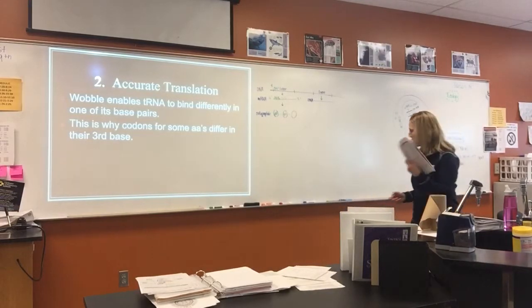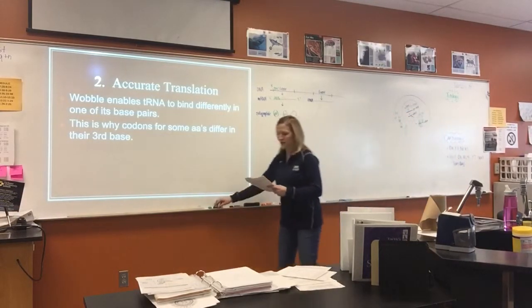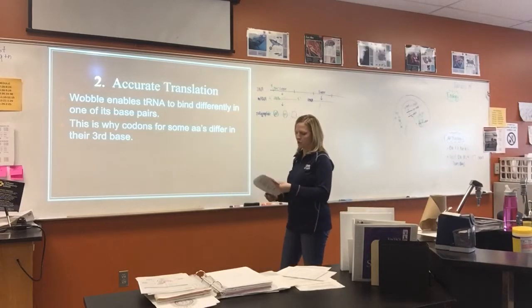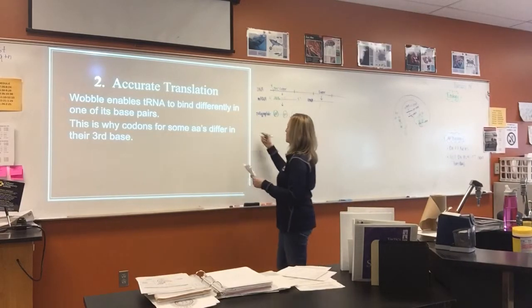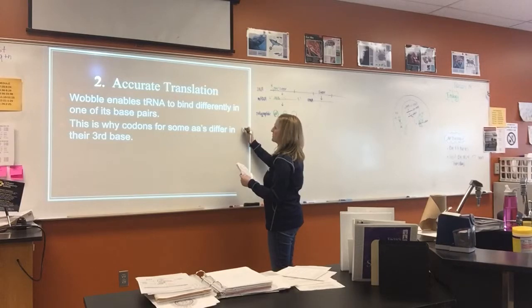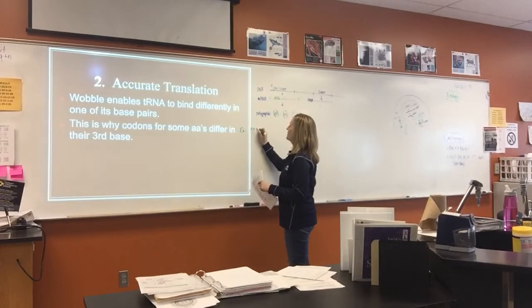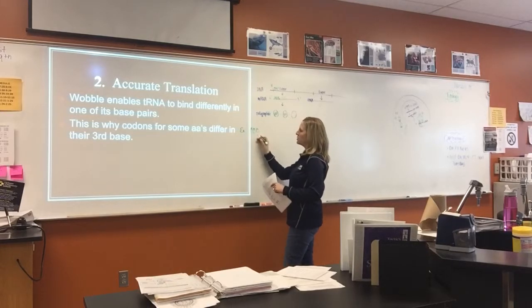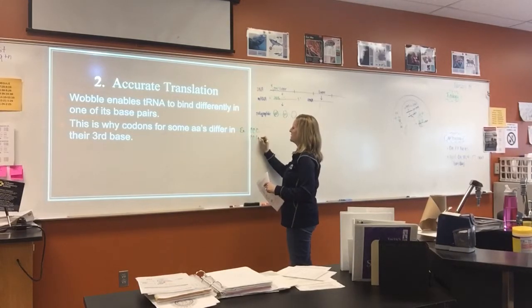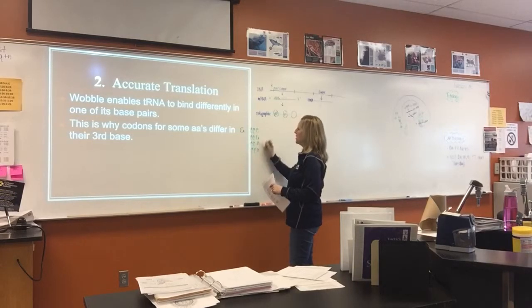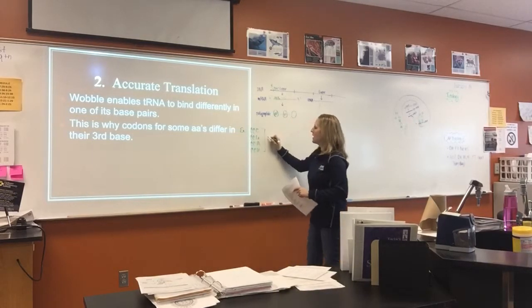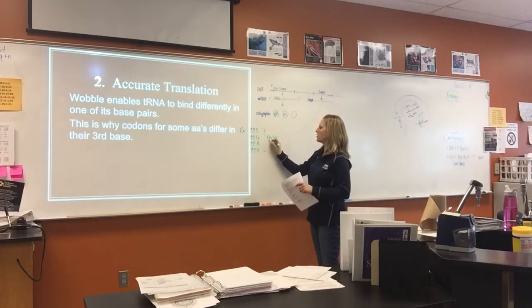So for instance, if we go back to that chart, if you look at proline, or Pro, an example here would be proline: the codon could be CCC, could be CCG, could be CCA, or CCU. And all of these are codons that stand for Pro, or proline.